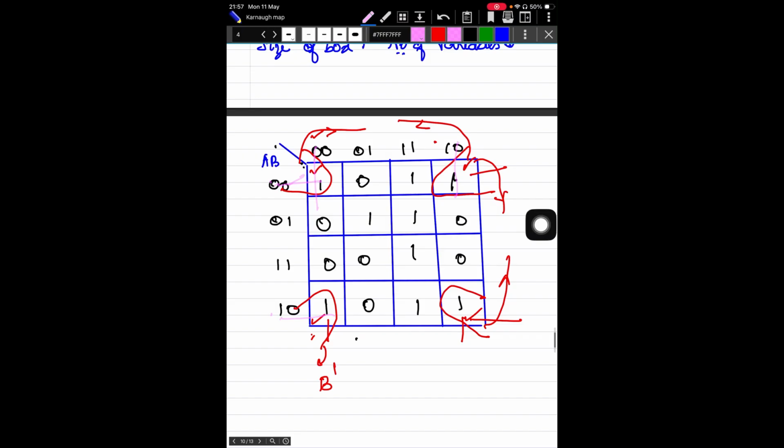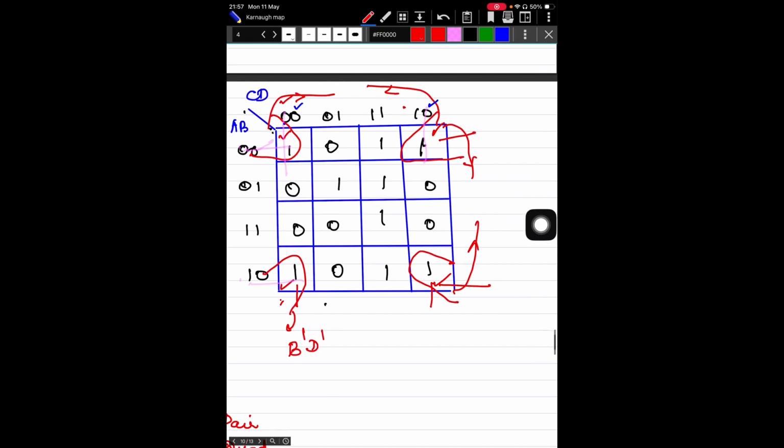This is CD. Right. C is 0, C is 1, not common. D is 0, D is 0, it is common. When a variable is 0, it should be taken as dash. So what's the name of the box? B dash, D dash. Is that clear?